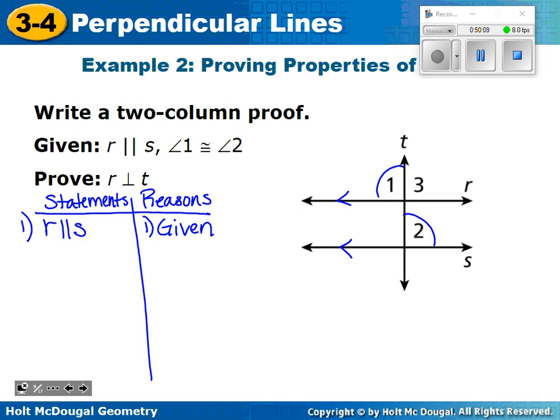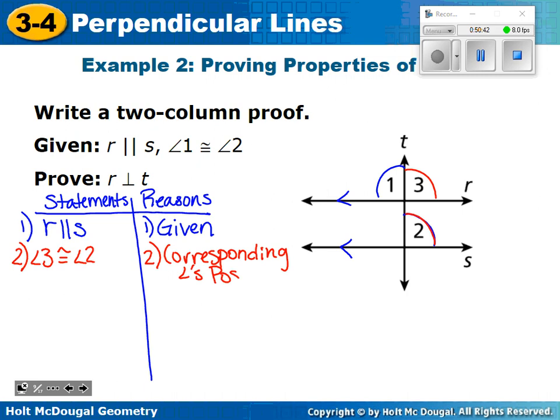Look at the picture. If R is parallel to S, what is something we can say that we've learned before? Exactly. 3 must be congruent to 2. What kind of angles are 3 and 2? Corresponding. So we can say angle 3 is congruent to angle 2 by the corresponding angles postulate.